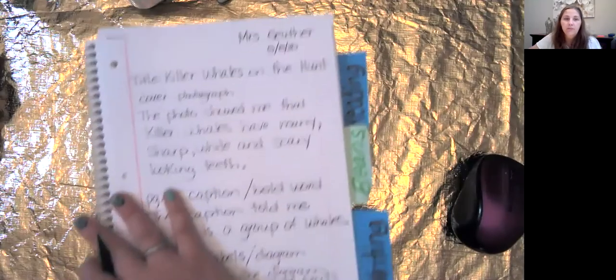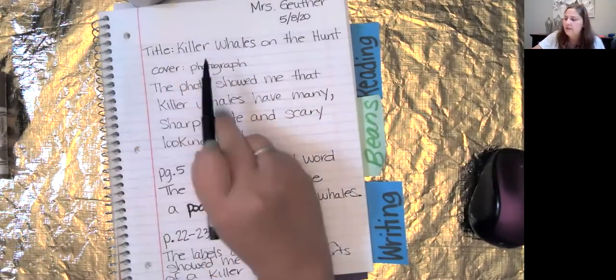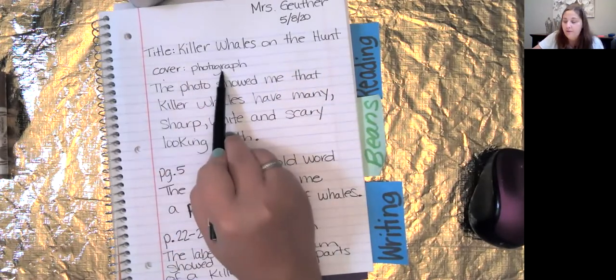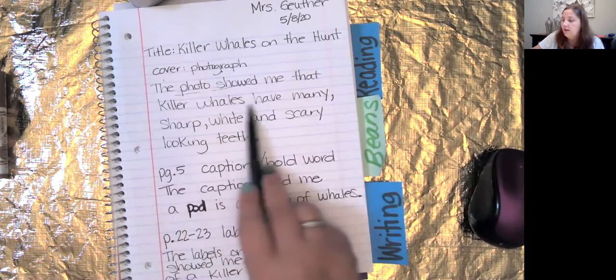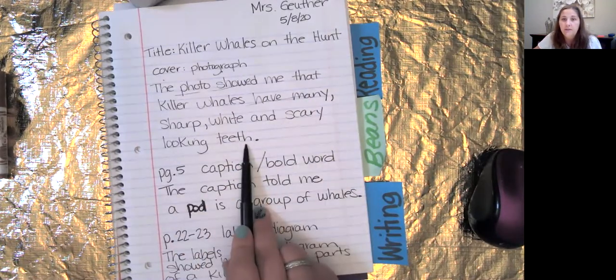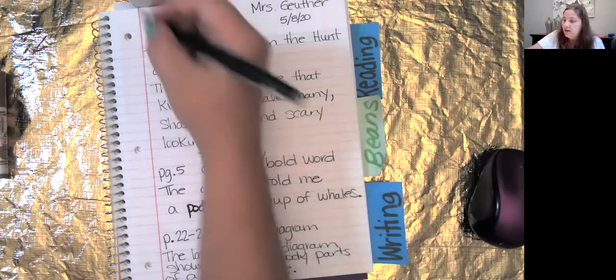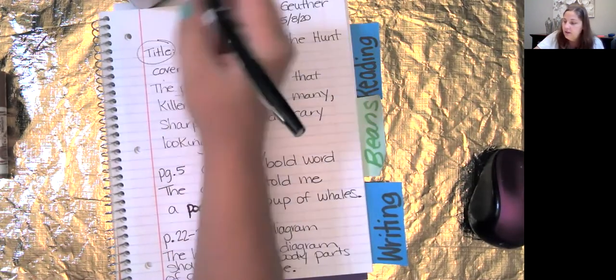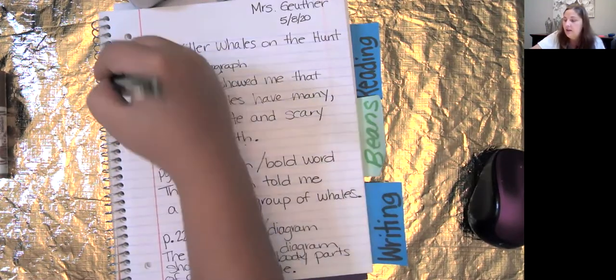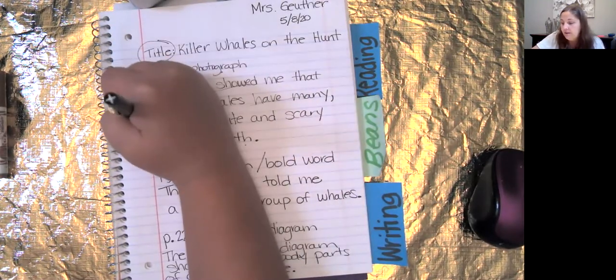Okay, so as I was going through the book, there's my title, Killer Whales on the Hunt. So on the cover, I found a photograph. The photo showed me that killer whales have many sharp, white, and scary looking teeth. There's my sentence to tell me the purpose. So here's the title. Here's the text feature. I'm just going to put TF. And then the purpose.